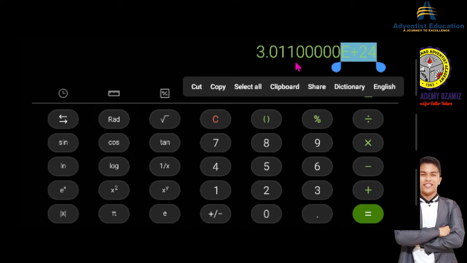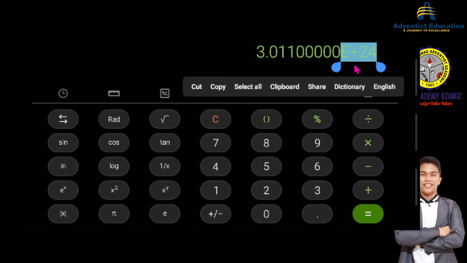Now, probably you might say, sir, can I just write 3.011 then e plus 24? Yes, that's all right. But the problem is, if you just write a small number of digits, for example, the zeros here might actually be 7 or 5 or whatever number, then if you do not write all the numbers, there will be a problem or a change in your answer.